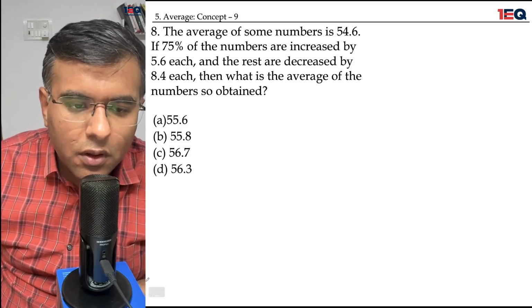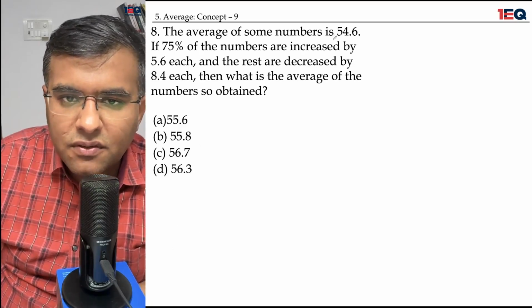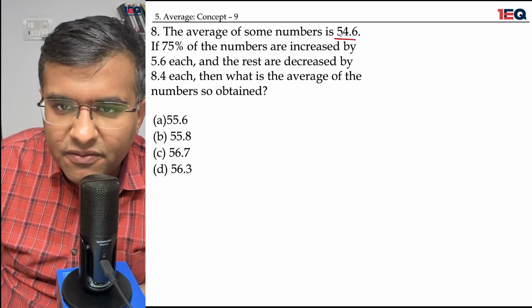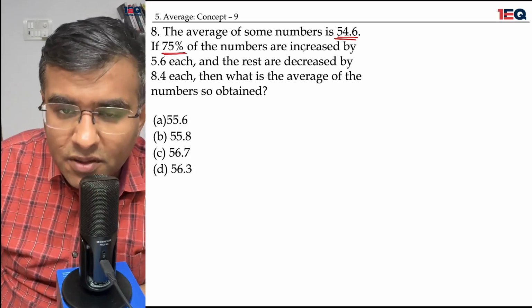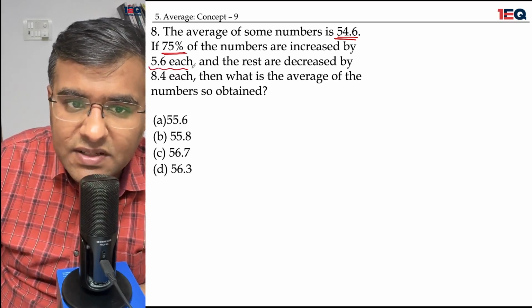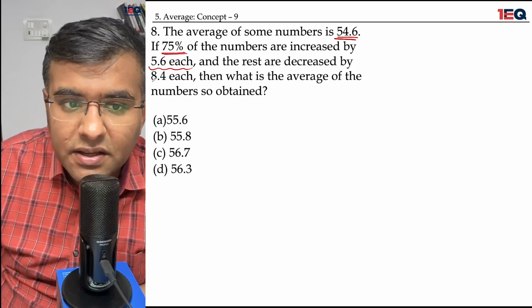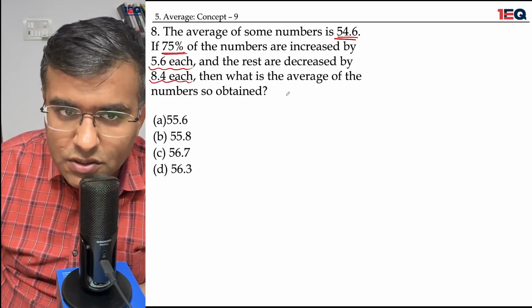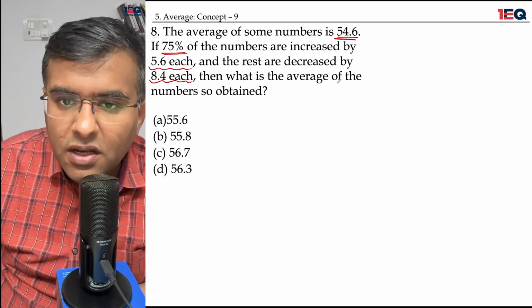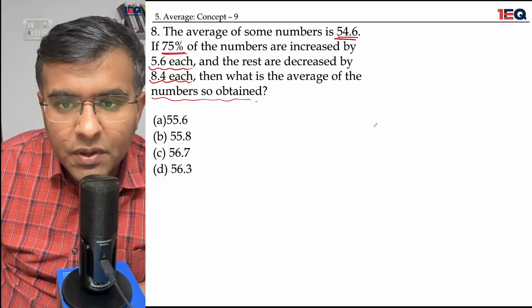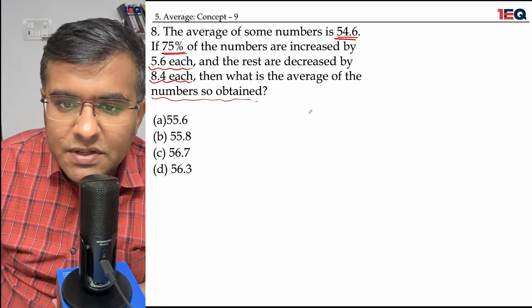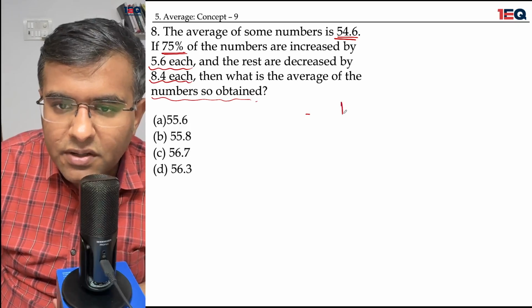Now, talking about the average of some numbers is 54.6. If 75% of the numbers are increased by 5.6 each and the rest are decreased by 8.4 each, then what is the average of the numbers so obtained? 75% of the numbers, let's assume that there were 100 numbers in total.